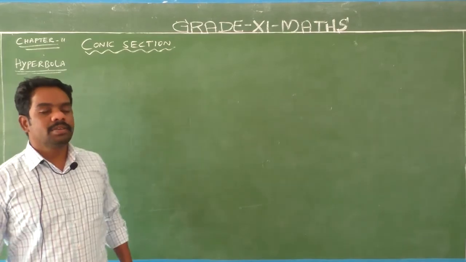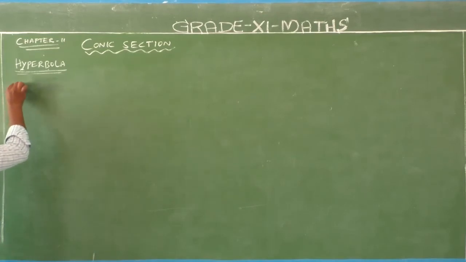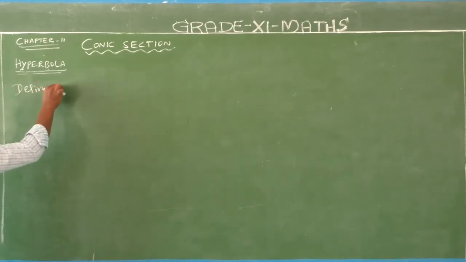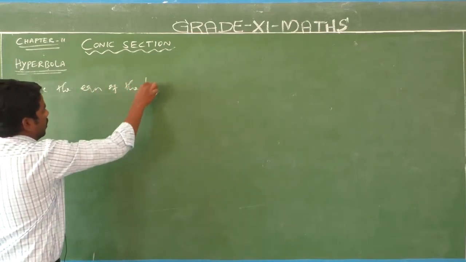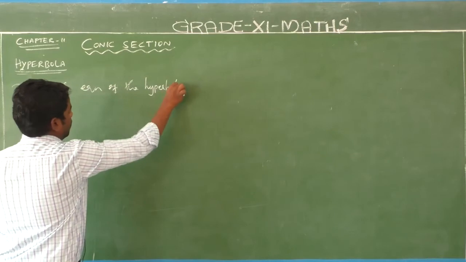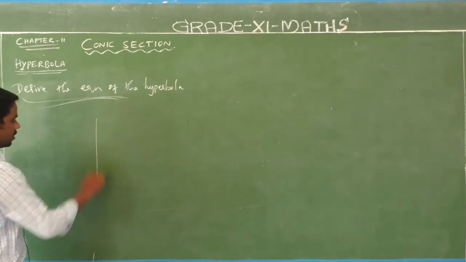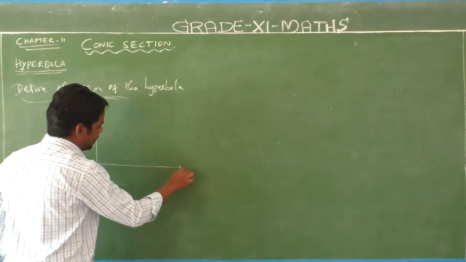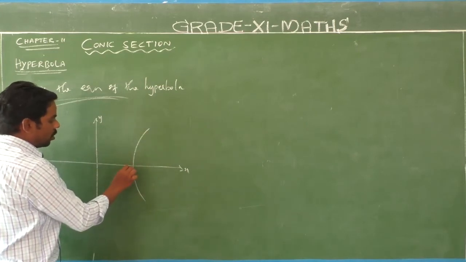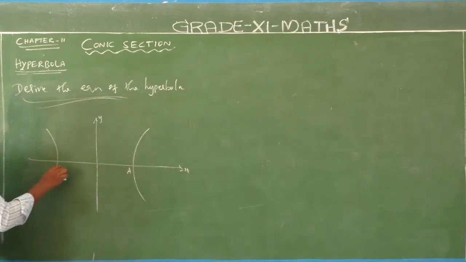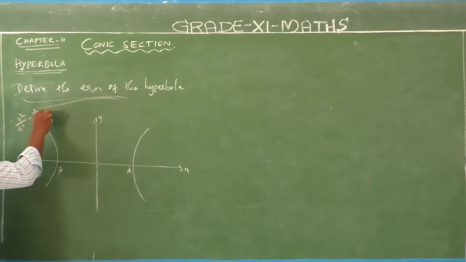Next, derive the equation of a hyperbola. Let us consider the transverse axis as the x-axis and the conjugate axis as the y-axis. The equation of the hyperbola is x squared by a squared minus y squared by b squared equal to 1.